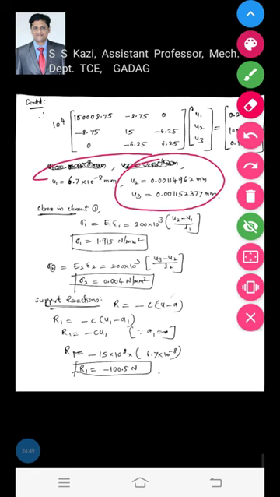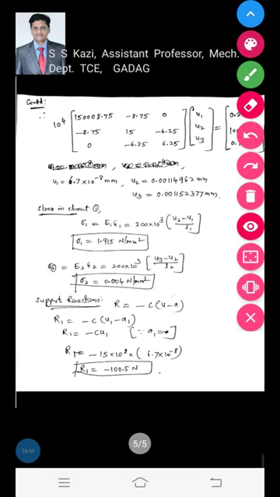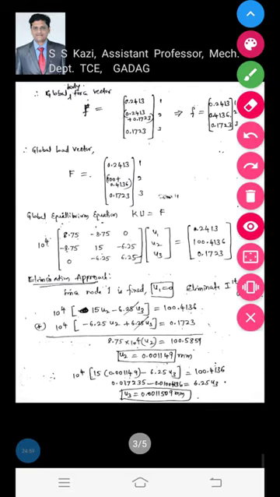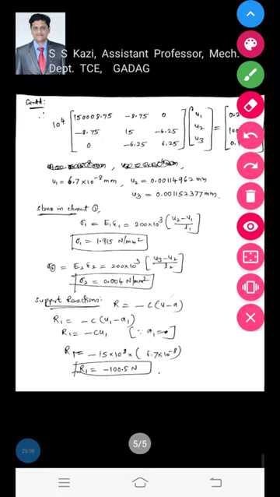If we check it here also, in the elimination approach we got 0.0011 and 0.00115, 114 and 115 mm, and in the penalty approach also we got the same values, 0.001149 and 0.00115 mm.